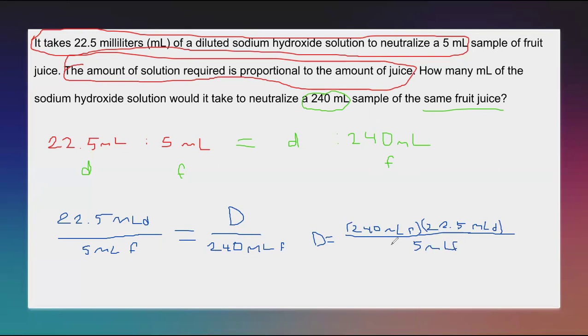We've got milliliters of fruit juice on the top and on the bottom, so we can cancel those out. And then we're left with just milliliters of diluted solution. So those are the units that the answer is going to be in, which is what we want, right? Because it was asking how many milliliters of the diluted solution. So if you go ahead and plug those numbers in, you should get that D, which is the amount of sodium hydroxide solution it would take in milliliters. You'll get 1080 milliliters.